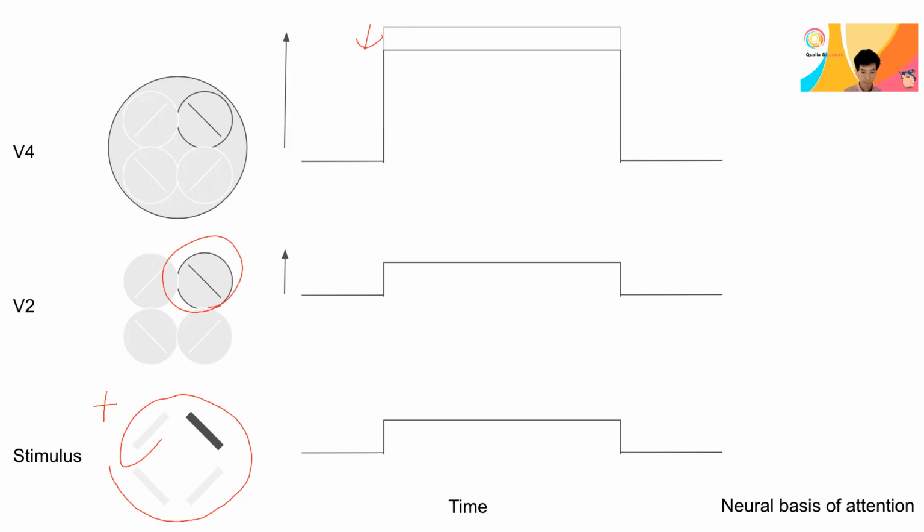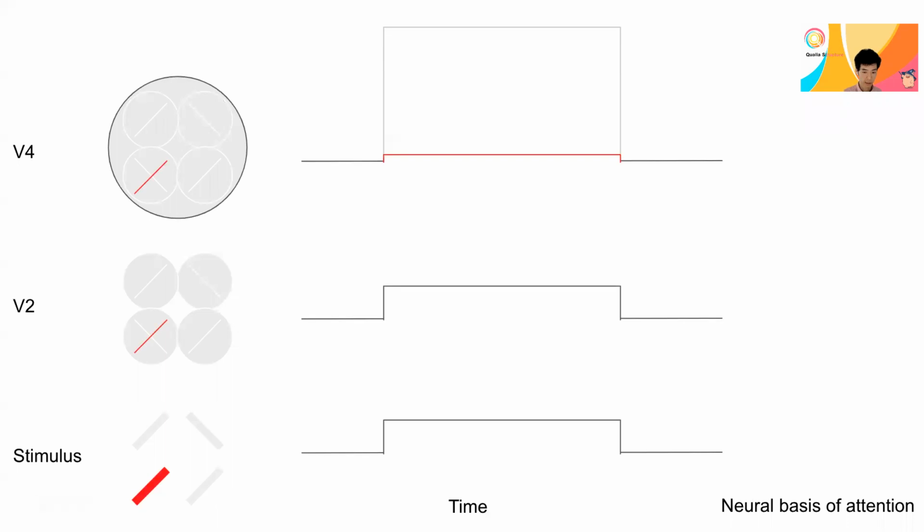Okay, and then now as a next situation, we consider this situation where we present one stimulus at the bottom left that this neuron in V2 does not prefer. At the other three locations, we present a stimulus that mildly excites these three V2 neurons, but it's almost negligible.